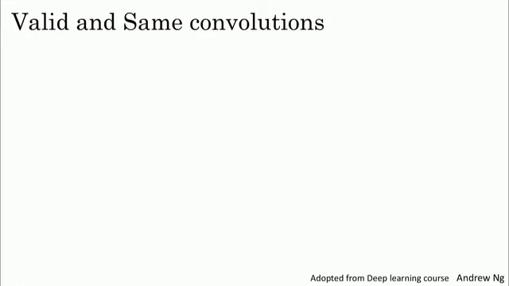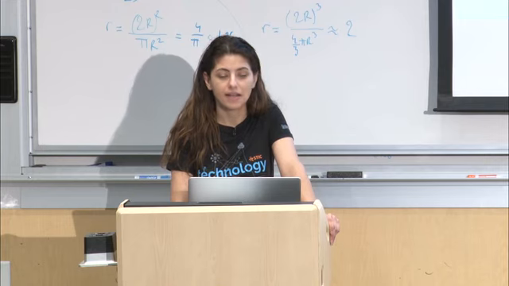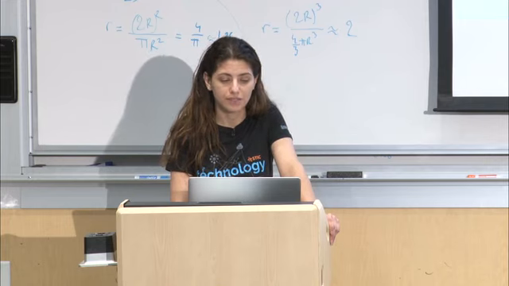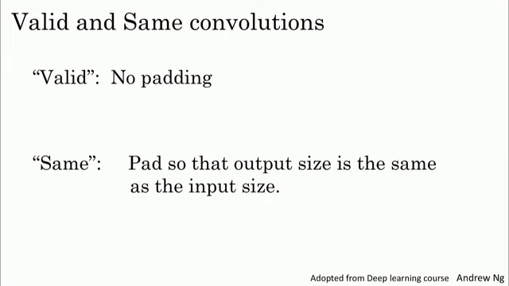Based on what I described, there are 2 types of convolution, valid and same convolution. Valid convolution is basically what we described at first, means no padding, means the size of the output is smaller than the size of the input. But same means that we pad so that the output size is the same as the input size.